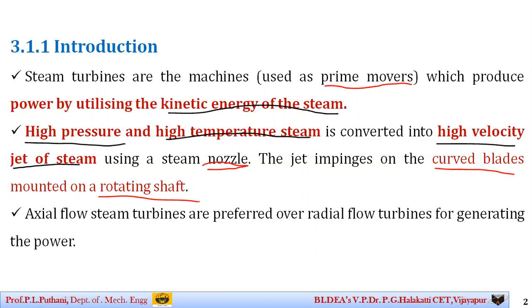As a result, the shaft rotates and the energy is generated.